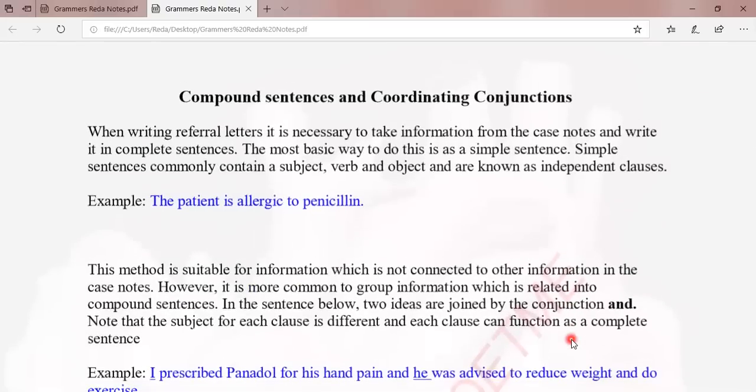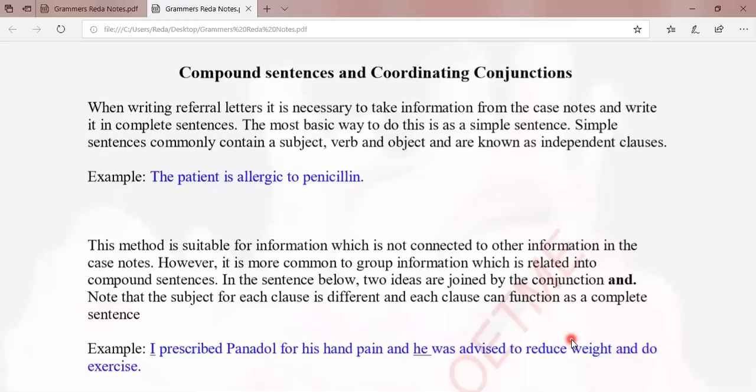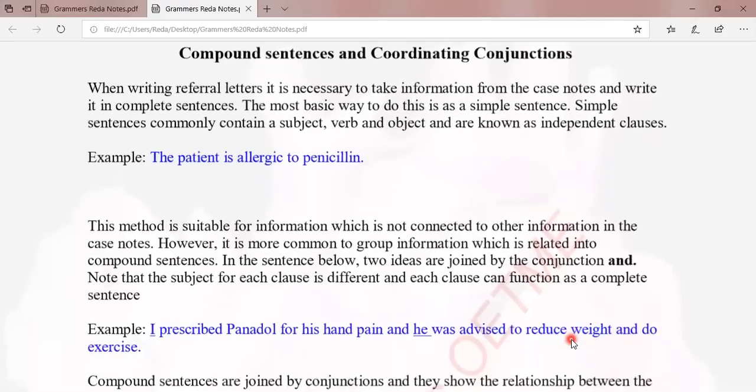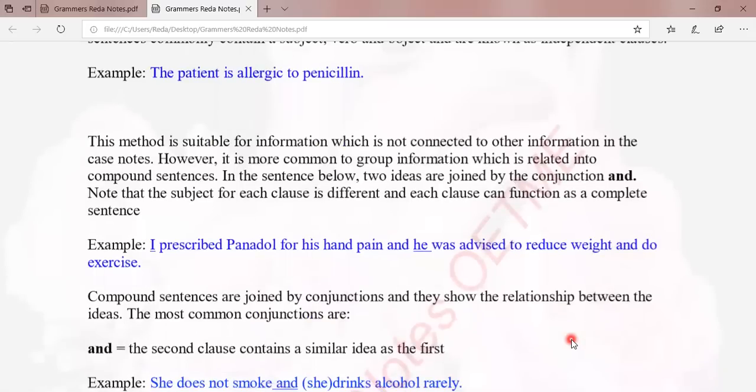This is about compound sentences and the coordinating conjunctions. The patient is allergic to penicillin. Okay, this is a simple sentence. I prescribed Panadol for his hand pain and he was advised to reduce weight and do exercise.